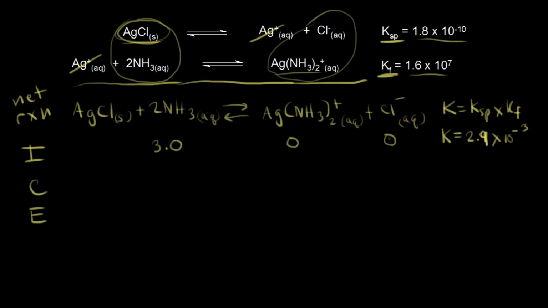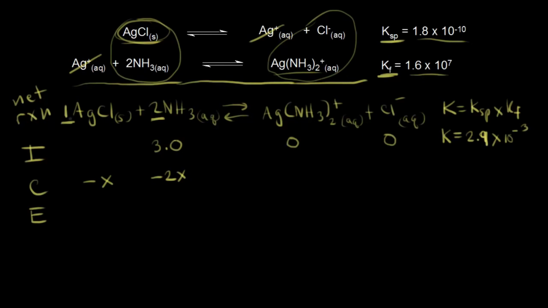Now we add our silver chloride to our solution of ammonia, and some of it is going to dissolve, so we make that concentration X. We're losing a certain concentration of silver chloride, so we write minus X. Next, we look at our mole ratios. The mole ratio of solid silver chloride to ammonia is 1 to 2, so for every 1 mole of silver chloride that dissolves, we also lose 2 moles of ammonia. So we write minus 2x here.